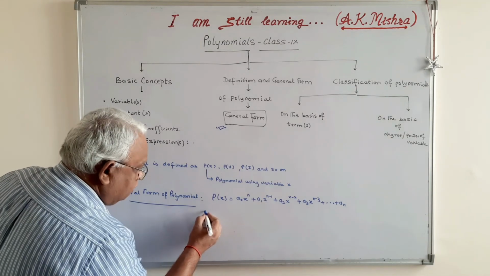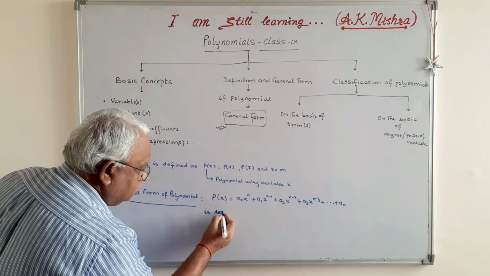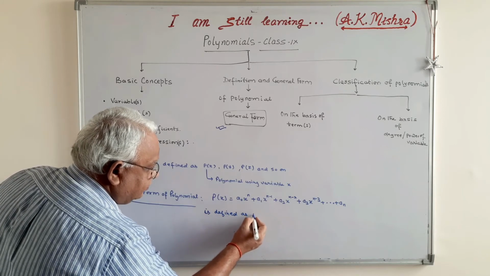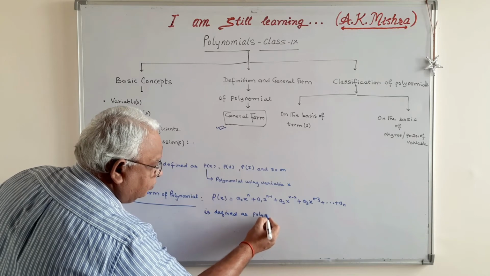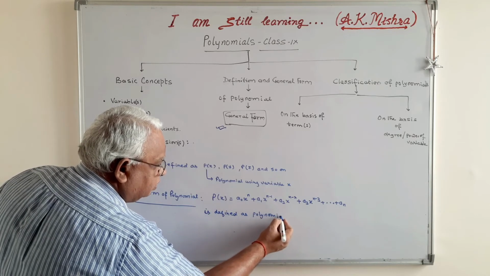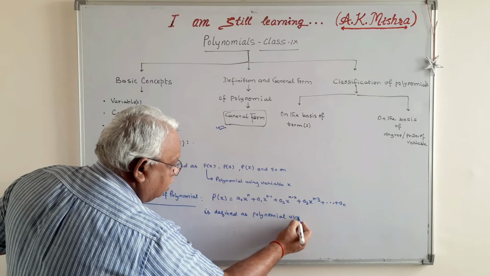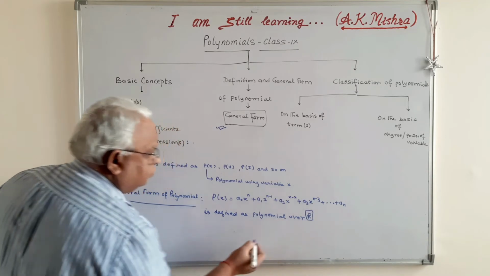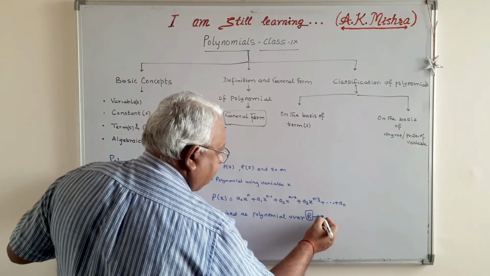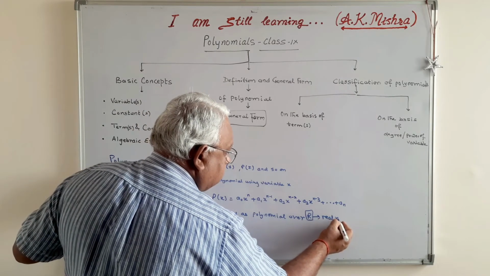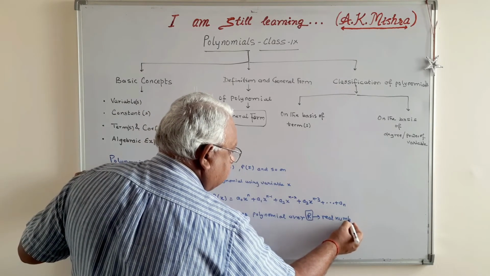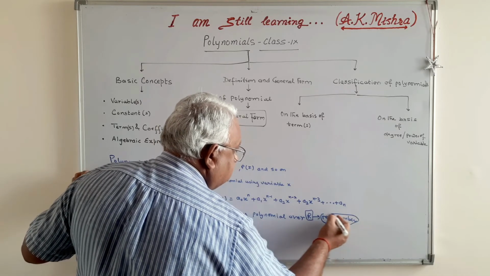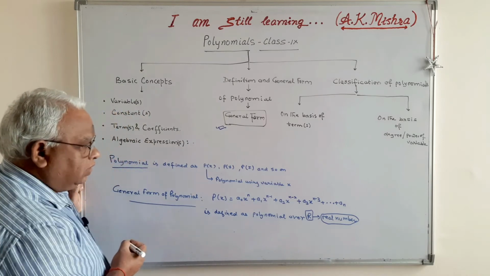P(x) is defined as a polynomial over R. Over R means real numbers. Now onwards, we'll be talking about polynomials over real numbers only.